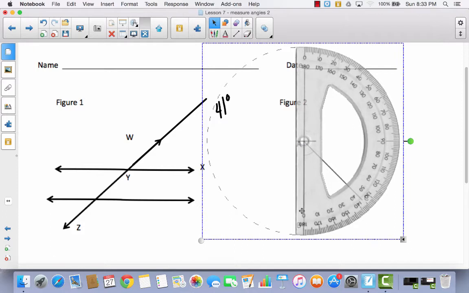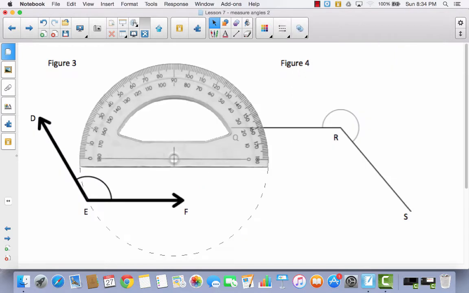Again, I see that this is either 44 or 136. But because this angle is acute, it cannot be over 90 degrees. So the only measurement that this could possibly be would be 44 degrees. Now, if you said something like 45 degrees or 46 degrees, that would be close enough. Sometimes it's hard to get it exactly correct.